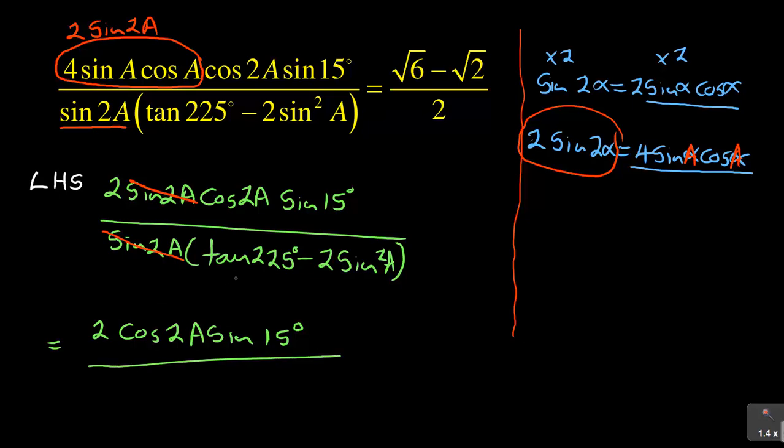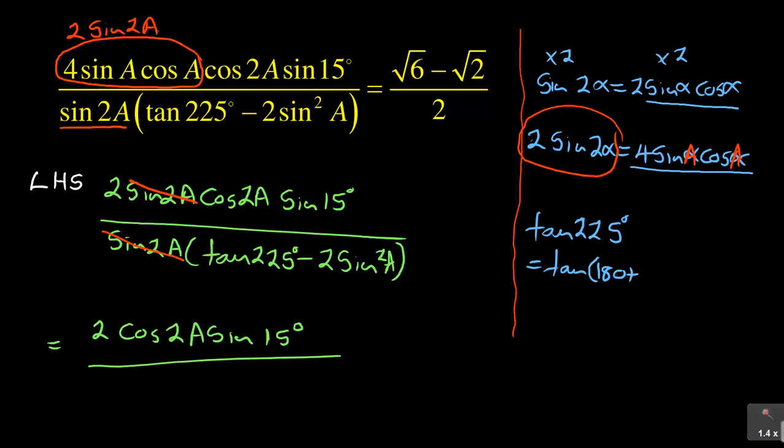Now you have tan 225. Let me just show you again. You need to reduce this tan 225 using your reduction rules, and you ask yourself, remember this is the CAST diagram now, where is 225? 225 is in the third quadrant, which is tan of 180 plus which angle?